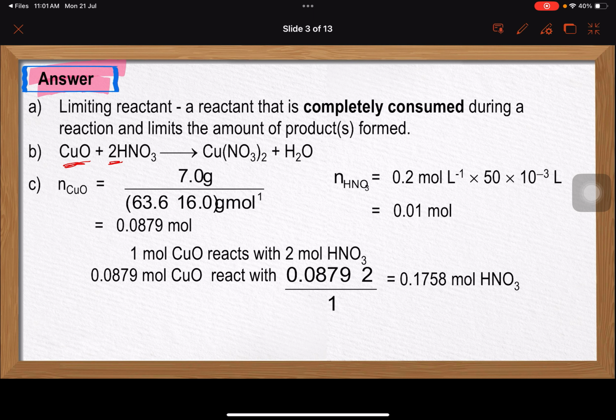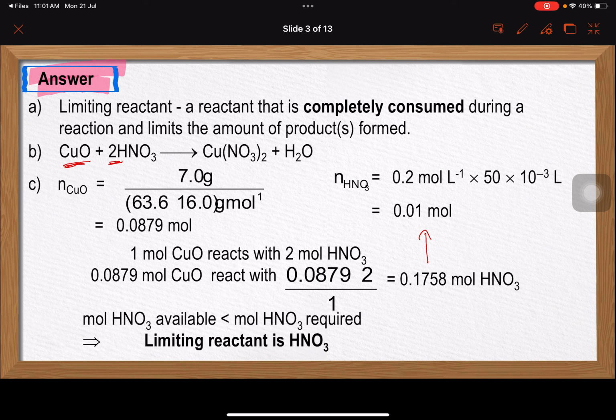The needed mole we need to compare with the available. We can see that the available is less than needed. So we can conclude nitric acid is the limiting reactant. Sometimes we get the excess first, and sometimes we can directly get the limiting reactant.